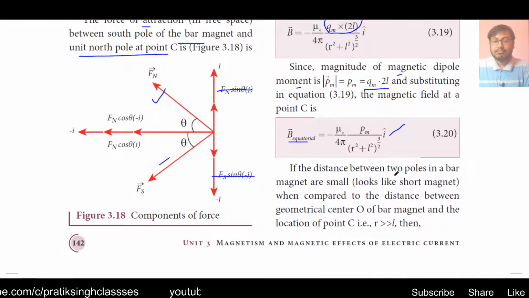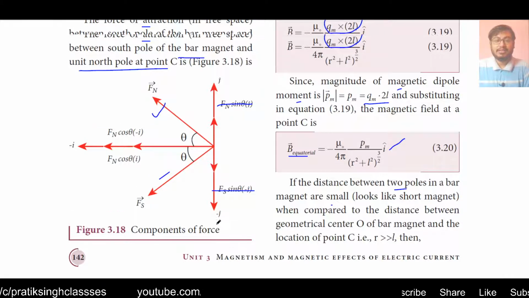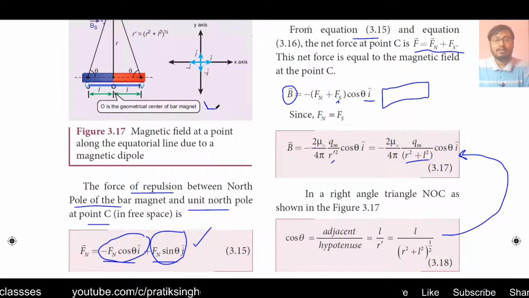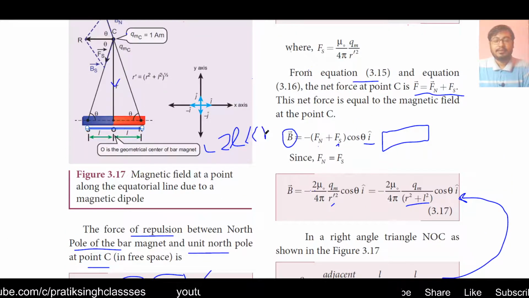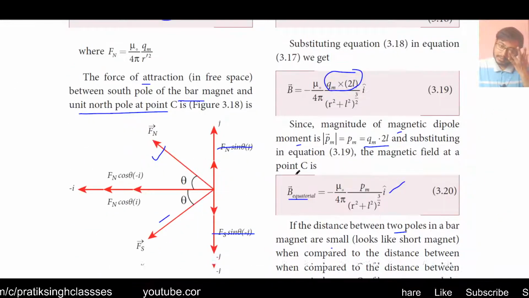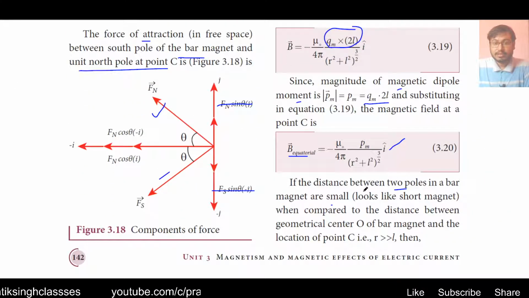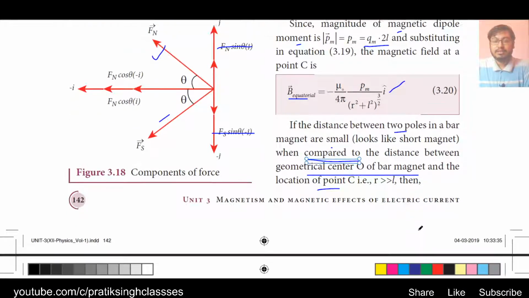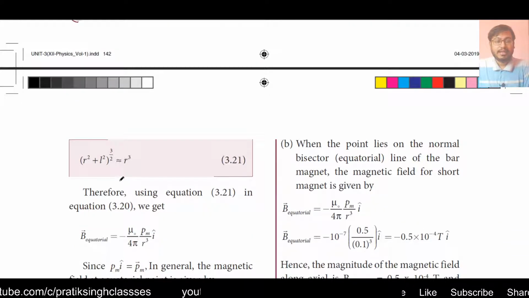If the distance between the two poles in the bar magnet is small, that means if the distance 2L is far smaller than the distance r, compared to the distance between the geometric center O of the bar magnet and the location point C, in that situation we can write r square plus l square to the power 3 by 2 is equal to r cube.